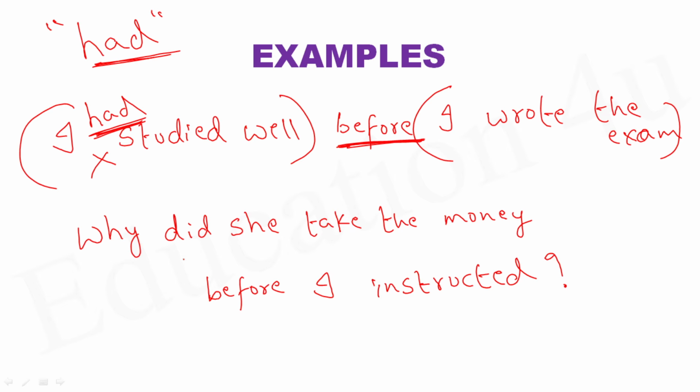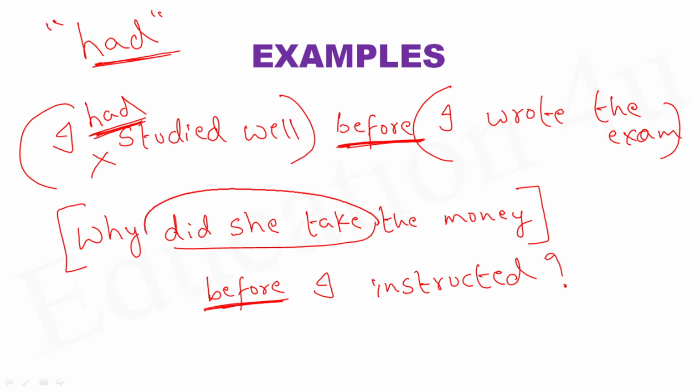Because why did she take the money before I instructed? It means here before is used. So naturally, this part of the sentence is the first action. Now, if that is the action which happened first, it should be in past perfect. But my dear friends, this part of the sentence is not at all in past perfect. This part of the sentence is in past simple, which is wrong. Now I have to modify the sentence like this.